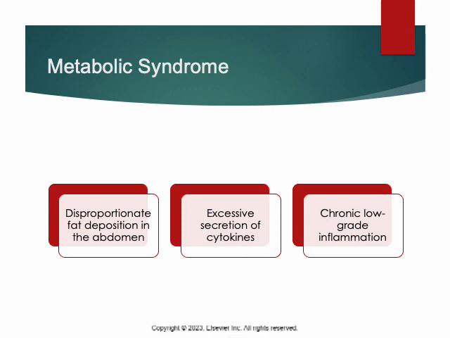Metabolic syndrome is something that we need to talk about because it often incorporates or leads to diabetes. Metabolic syndrome is when we have a disproportionate amount of abdominal fat depositing around the midsection. It leads to excessive secretion of cytokines.